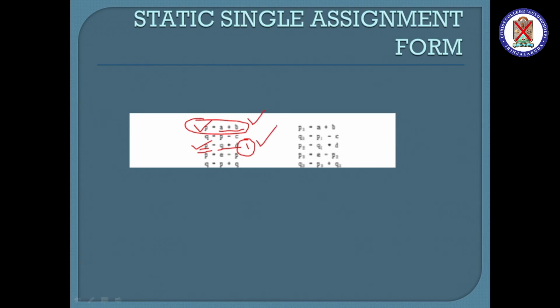That is removed by using single assignment form. For every operation, the result of the expression is given a single name. Here P1, here P2. That is the main advantage of the single assignment form.